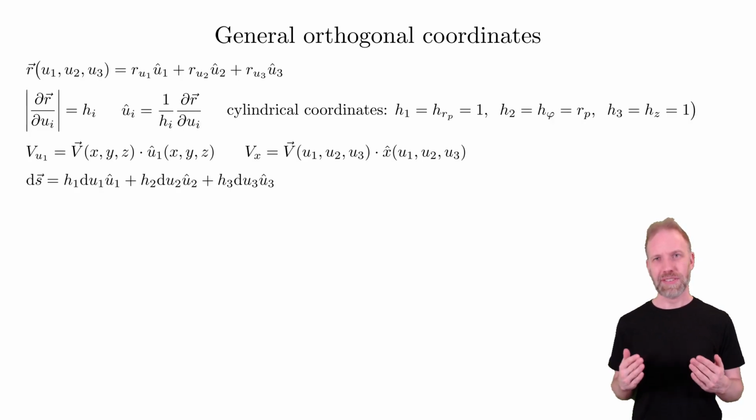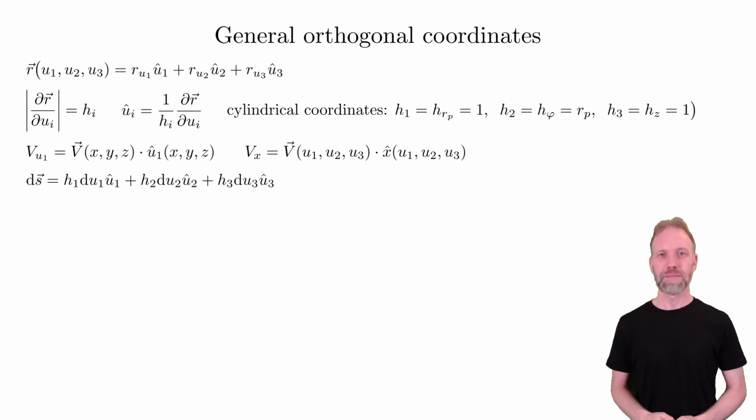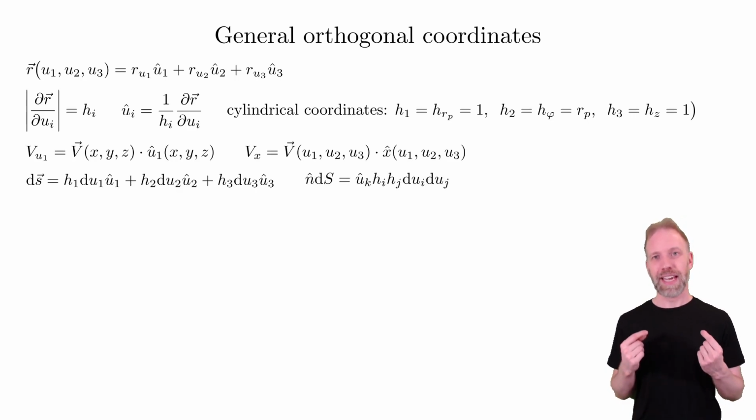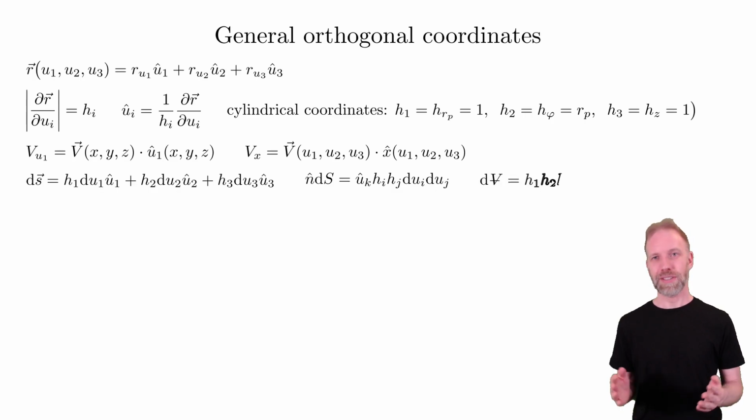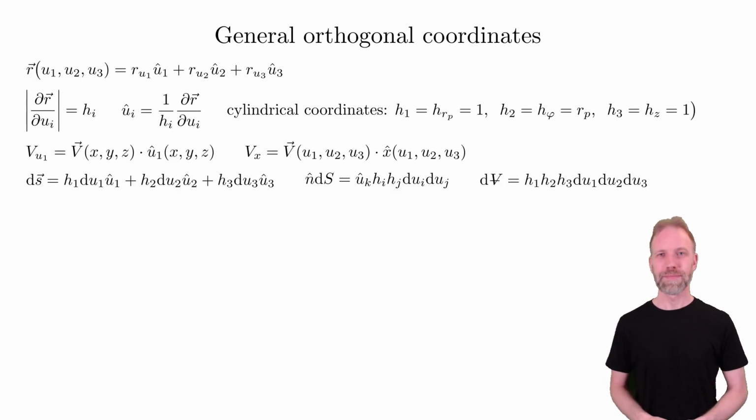Here, we need to use our scaling factors h to get the correct length. Similarly, for the case where uk is constant and ui and uj vary, we have the surface element. We also have the volume element.